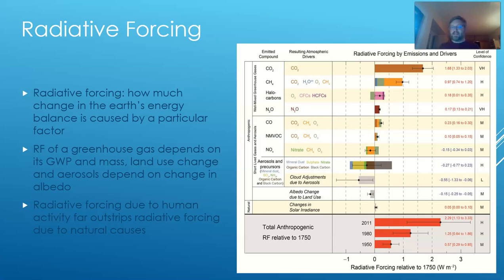And then the last little bar there is changes in solar irradiance. So this is the one natural process that makes a difference to our climate over the short time frame that we're looking at here, which is the changes in the amount of energy we're getting from the sun. And you can see that changes in solar irradiance are actually having a tiny little positive radiative forcing.